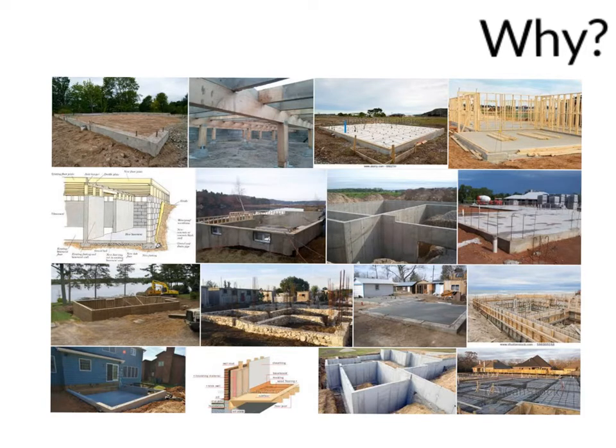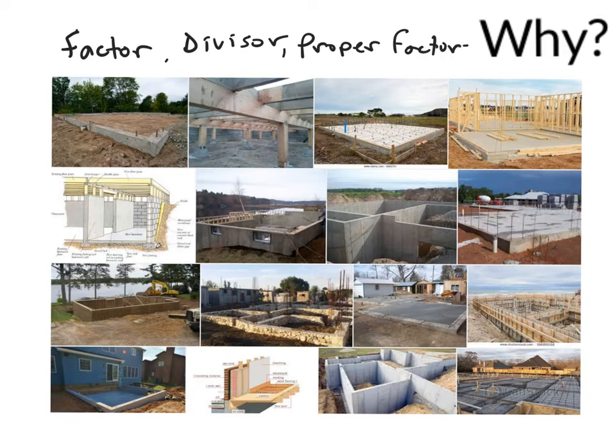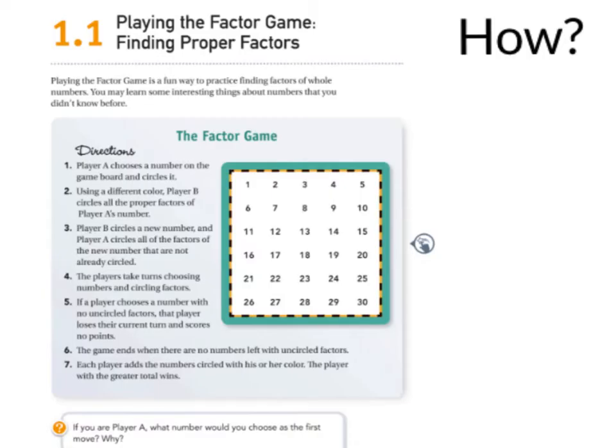And if you don't have a solid foundation, the house will come tumbling down. So a solid foundation means that you will be able to identify what a factor is, what a divisor is, and what proper factors are. Okay, so that's the why.